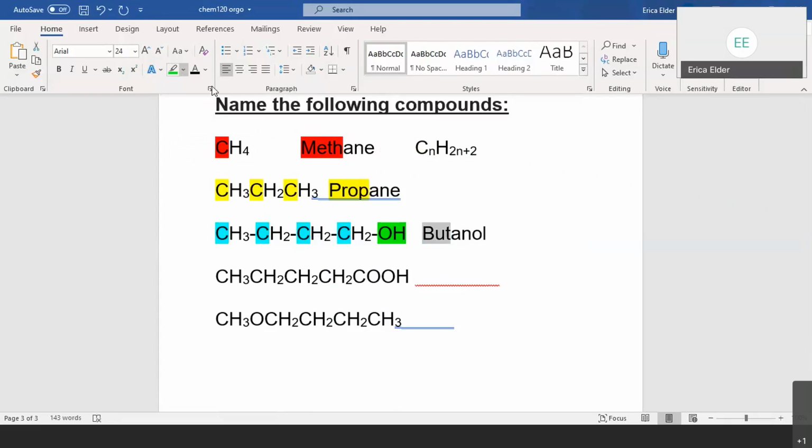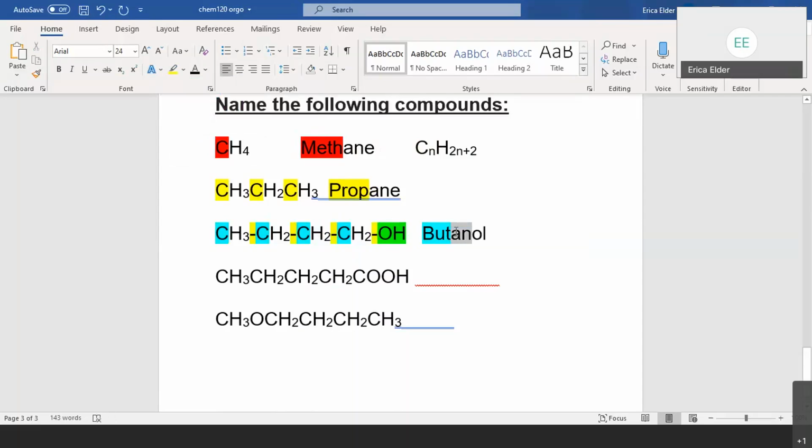Our bond, since we had all single bonds, those things come into play. So there we have our alkane, because we know it's full of single bonds.